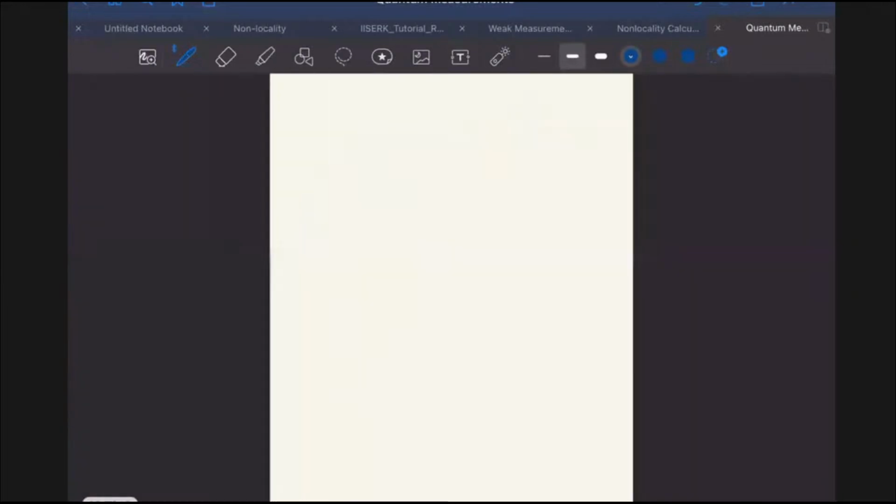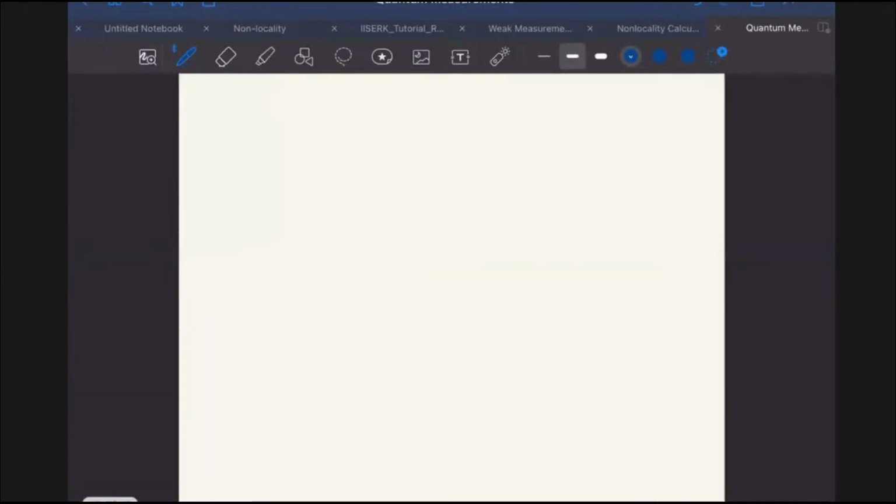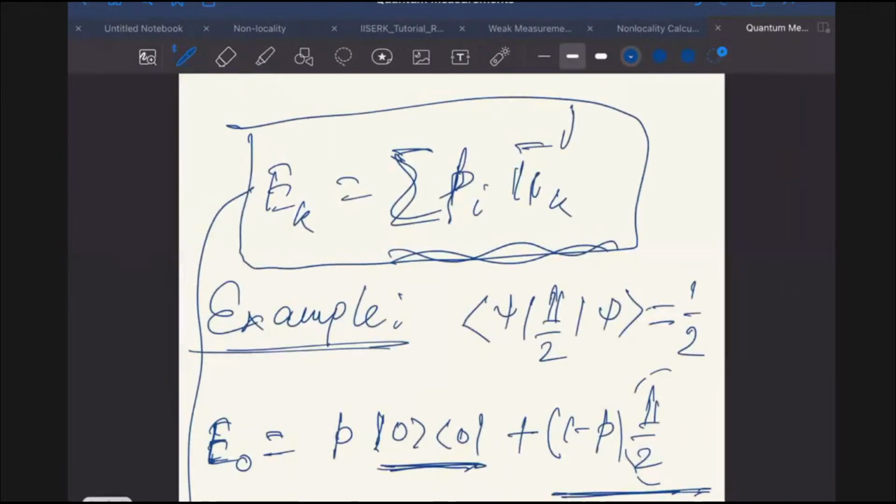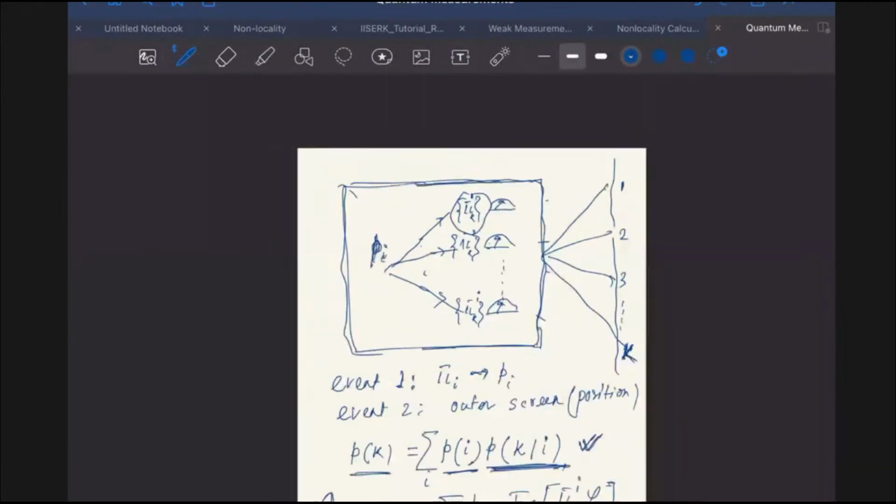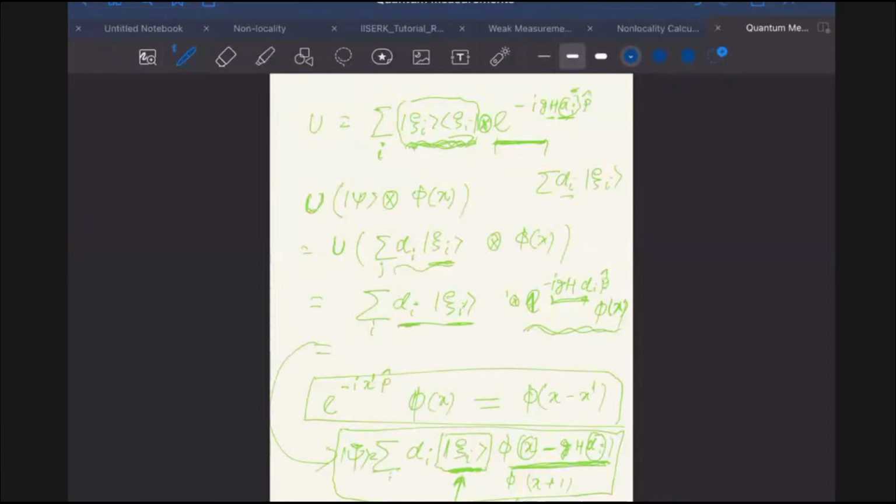Now I will elaborate on this. What is happening inside? I began with some scheme of measurement, how quantum mechanics describes the measurement. There I have written a term, this one, and I said that I will come back to this.